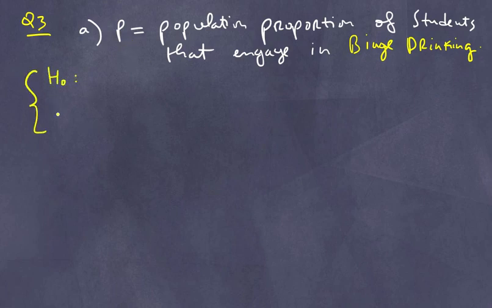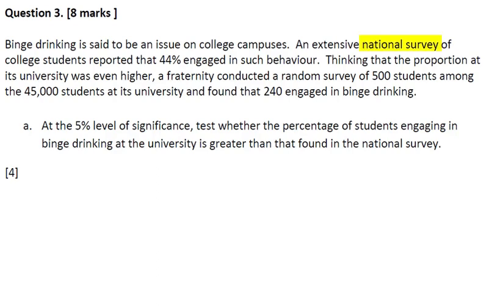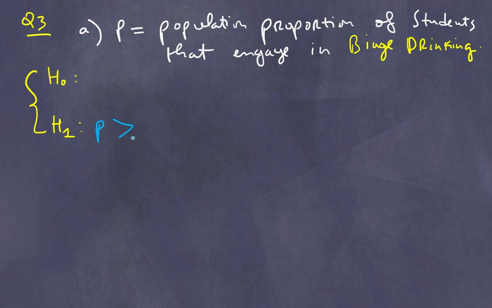The null hypothesis H0 and the alternative H1. The national survey reported that 44% engage in such behavior. That's the percentage at the national level. It's a population proportion. And since we're testing whether the percentage of students is greater, p is bigger than 44%, which is 0.44, against the null hypothesis that p equals 0.44.